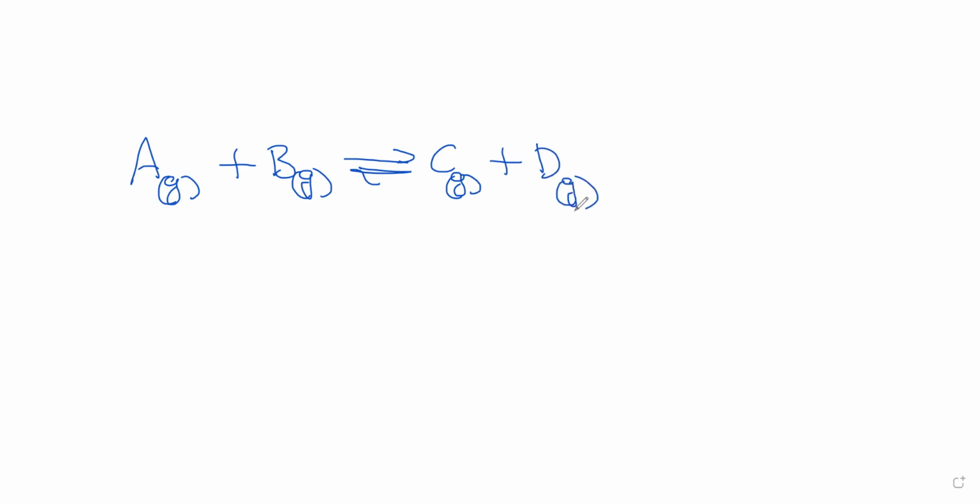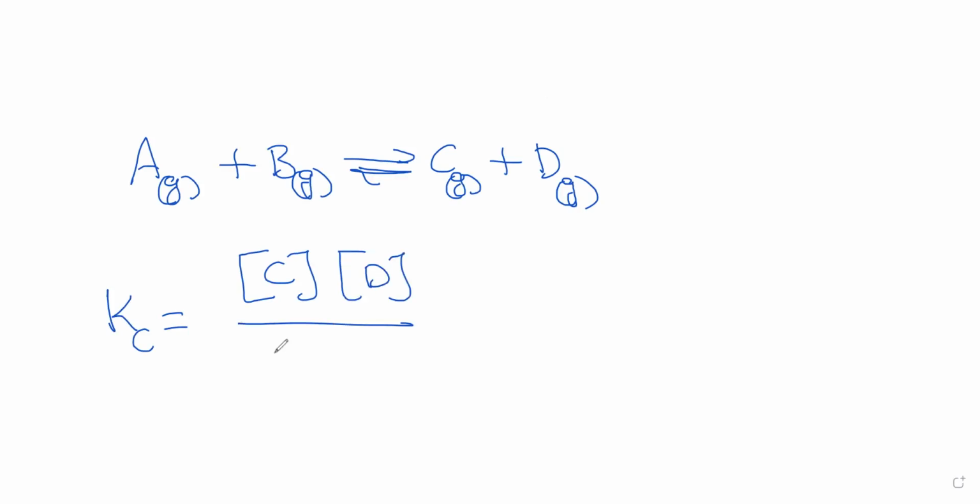Now let us write this one. For a simple scenario like A gas plus B gas gives C gas plus D gas at equilibrium, we will have Kc, which you know very well, as concentration of C into concentration of D divided by concentration of A into concentration of B. But while writing Kp, we write the partial pressure of the gas C, with a small p.